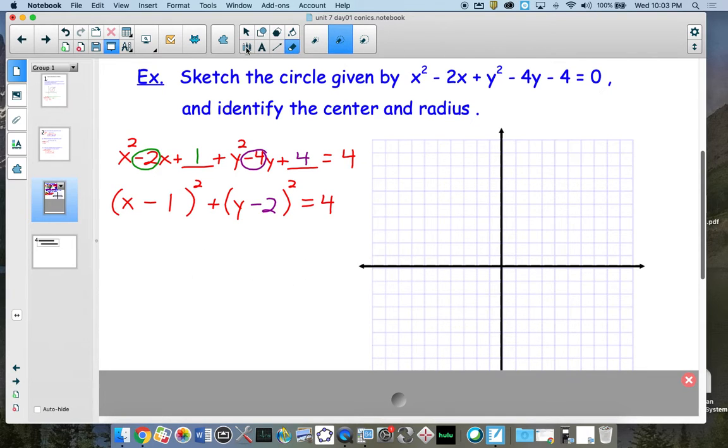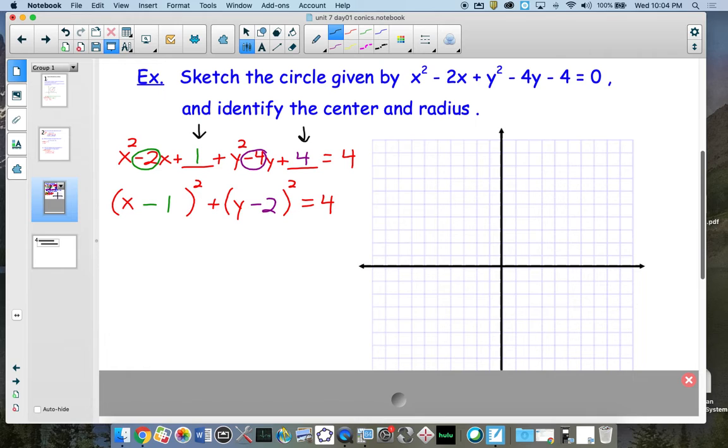Okay, now we're dealing with an equation, that should have been green. We're dealing with an equation, so we can't just add or subtract stuff to one side of the equation. So if you look back, what we did was we added 1 for that, and we added 4 for that. So we added 5 total to the left side.